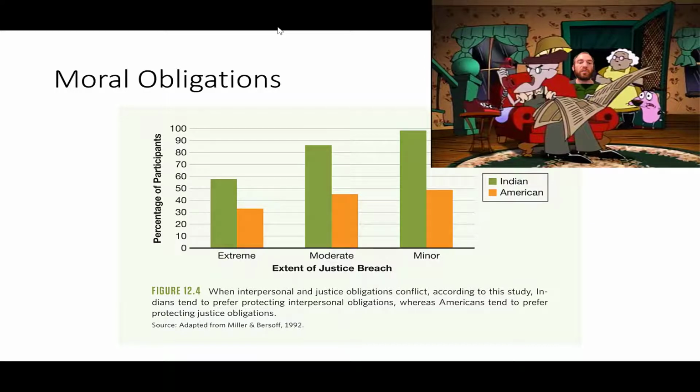So they basically have two conflicting decisions. They have a scenario where obligations, specifically autonomy obligations and community obligations, are conflicting with each other in a particular scenario.